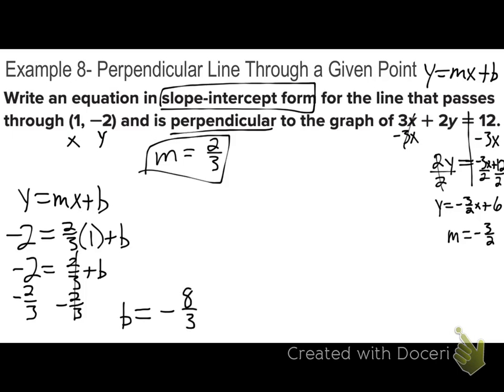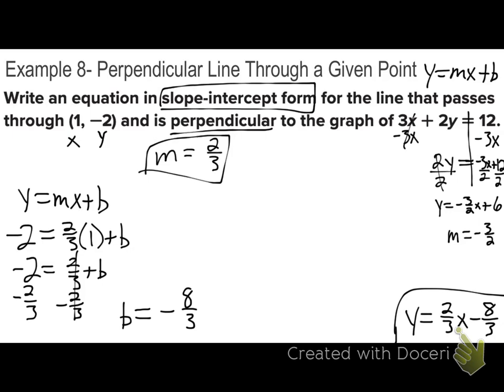It's -8/3. So here's our y-intercept. What two things do I need to create an equation in slope-intercept form? Y-intercept and slope. Do I have those two things? Yes. So what does my equation look like? Y equals 2/3 x minus 8/3. You okay with that? A lot of steps. That's my answer.